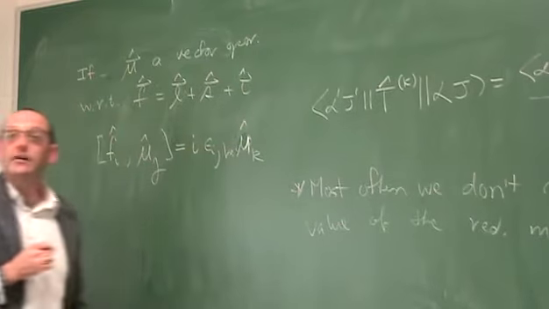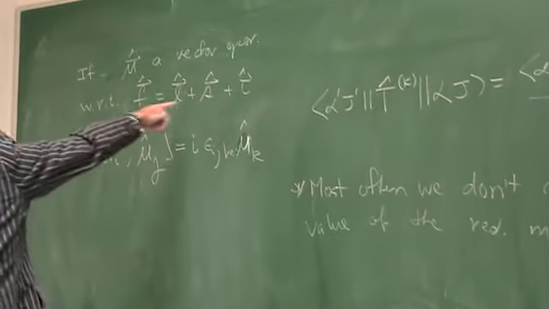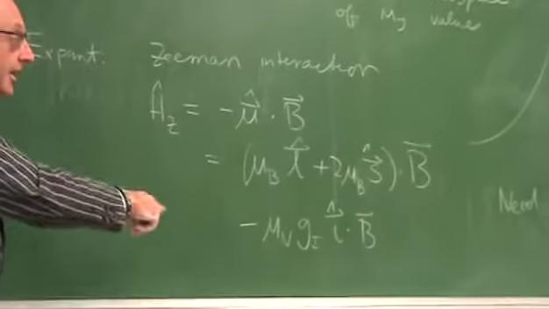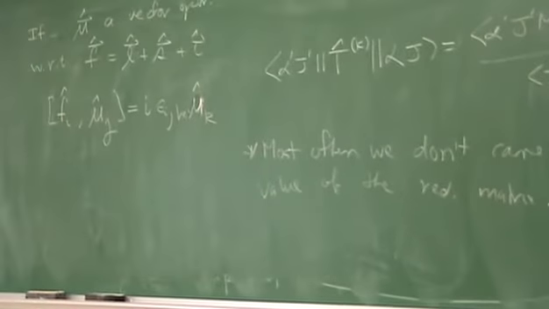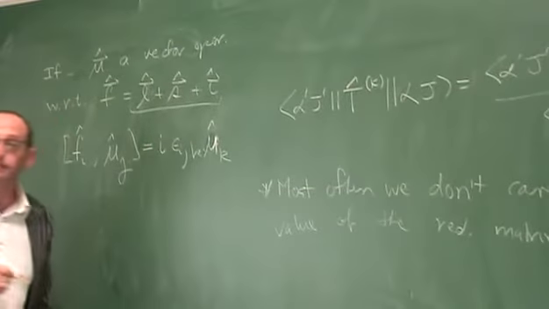That's one way of looking at it. And that's certainly true, because each one of these guys has the right commutation relation with the appropriate L, S, or I. And therefore, mu is a vector with respect to the total angular momentum operator F.